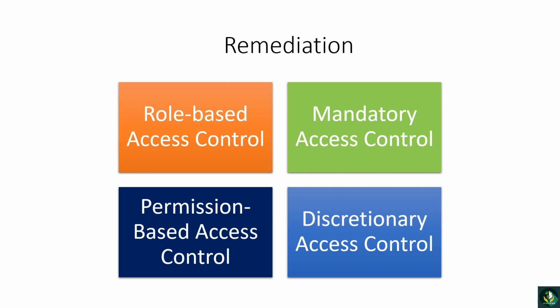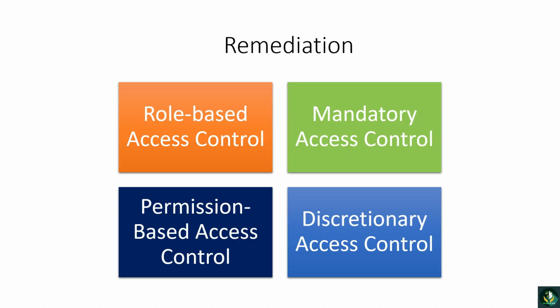So let's talk about the remediation. There are a variety of access control models to choose from when developing an application. Once the model has been selected, it should be kept throughout development and testing to minimize security concerns. These models are role-based access control, mandatory access control, permission-based access control, and discretionary access control.